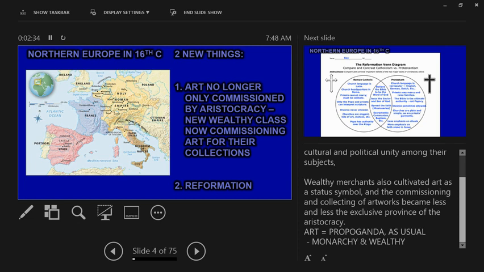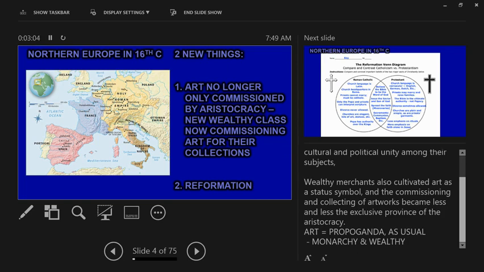But wealthy merchants also cultivated art as a status symbol, and the commissioning and collecting of artworks became less and less the exclusive province of the aristocracy. That means kings and queens. So art is, for the aristocracy, a method of propaganda. Right? With rich people buying art, or like the merchants buying art, it is a status symbol.